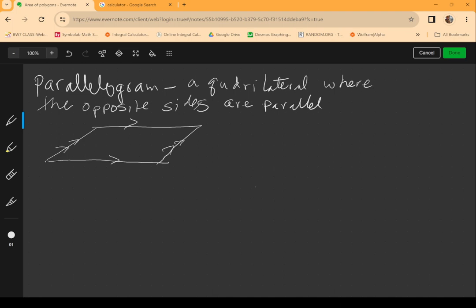Okay, so opposite sides are parallel, and through kind of triangle congruency, we can prove, and again, we won't go through the proofs here, but the diagonal angles are going to be congruent. So this angle would be congruent to this angle, right? This angle here, the diagonal one, would be this one here. They're congruent. And then opposite sides would also be congruent.